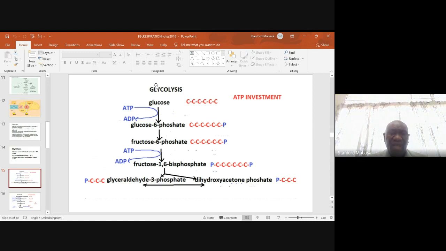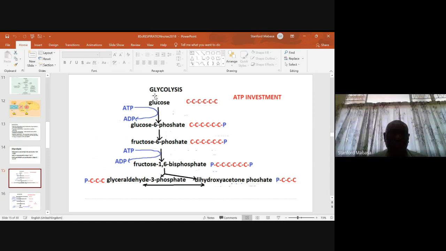Here I hope you see the case. We're starting with glycolysis. We're starting with glucose, which has 6 carbon atoms. This is phosphorylated using ATP.